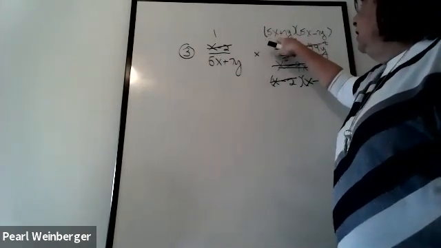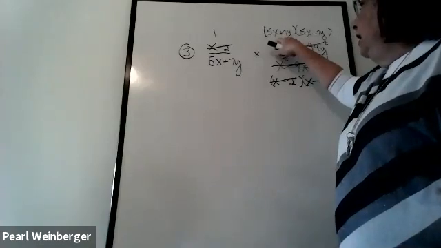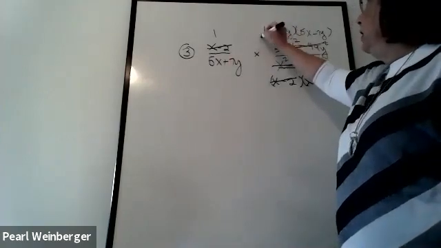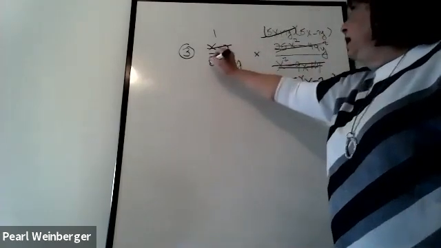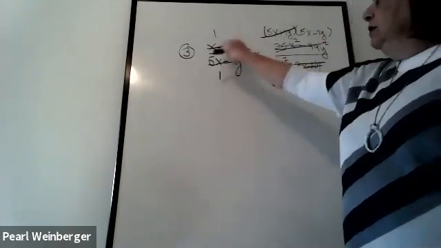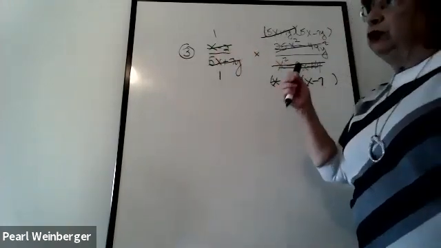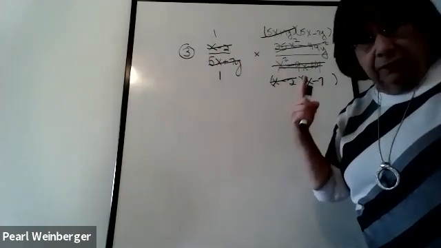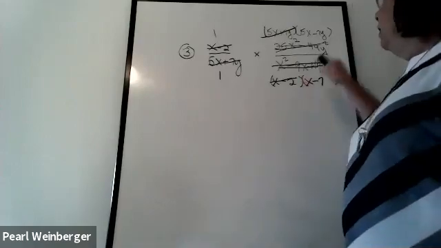The next thing I see is a 5x plus 7y. And there actually is a 5x plus 7y in the denominator, so I can cancel that out with that. Notice I'm going to put a 1 here as well because there's nothing left over here, and I don't want it to look like there's a 0 there. There is a number. You cancel that by division, it leaves you 1.